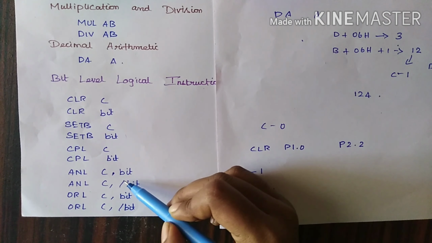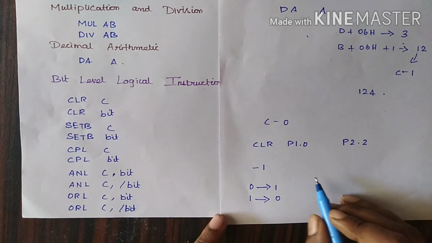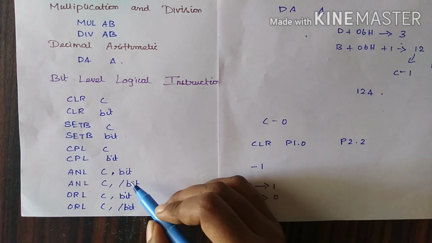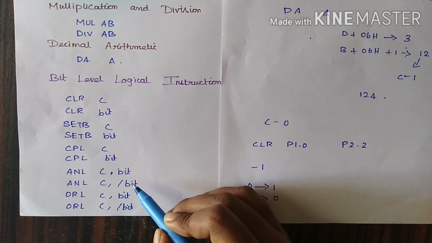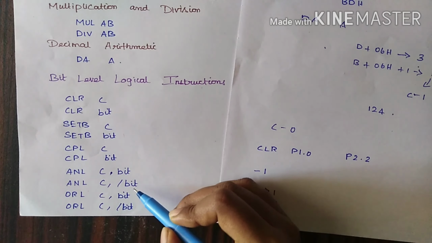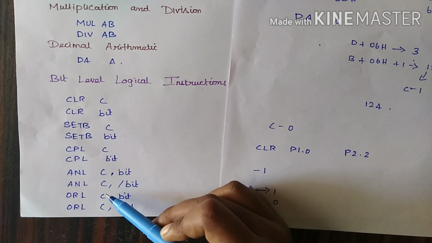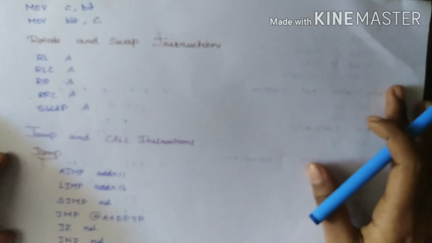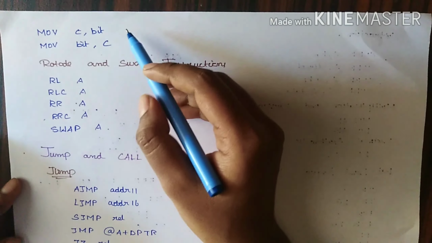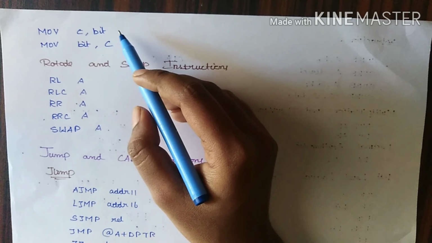So here this slash mentions the complement of the bit. In this instruction, the data in the carry flag and the complement of the data in the mentioned bit will undergo AND logic, and the result will be stored in the carry flag. Similarly, we have move instructions for bit level data.